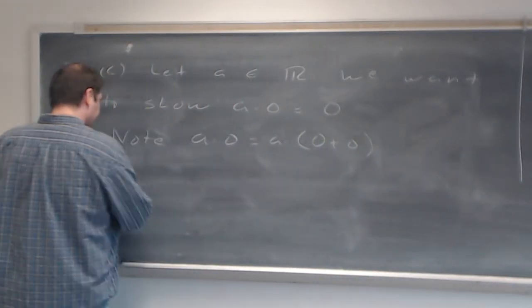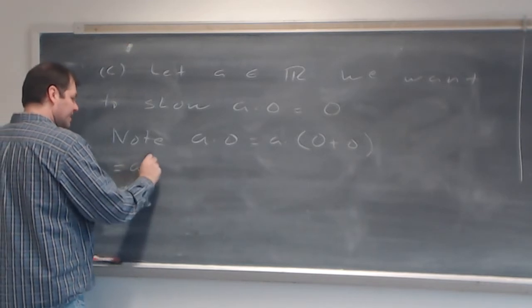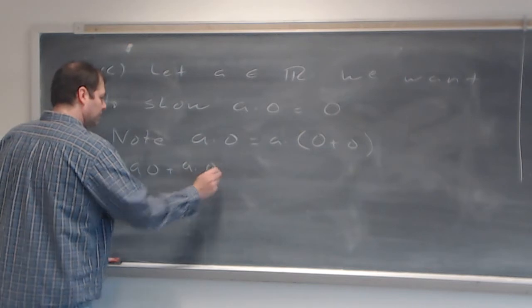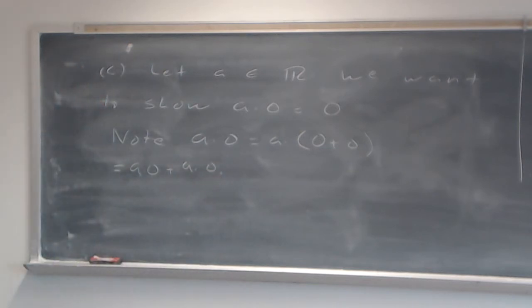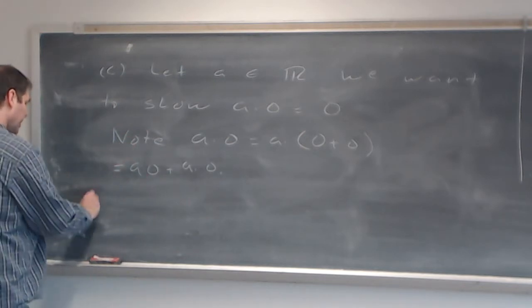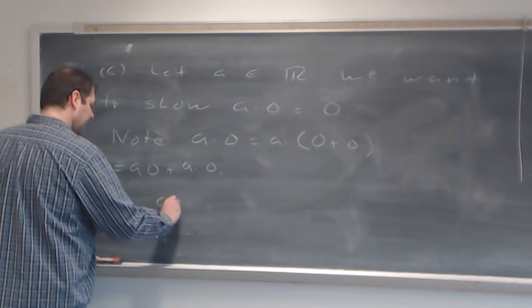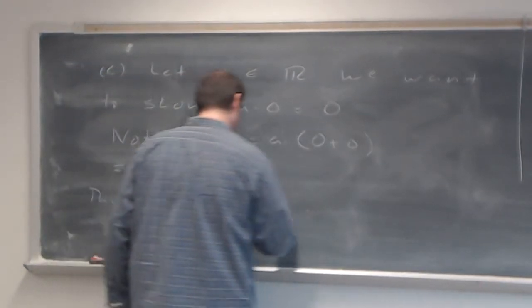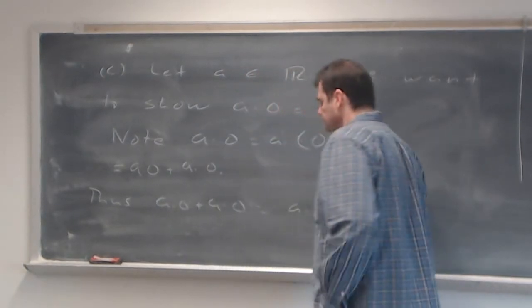Now I can use the distributive property, and that will be equal to A times 0 plus A times 0. So that's a string of equalities. The first thing I've written is equal to the last thing that I've written. Thus, I'll rewrite this in this form: A times 0, the last thing that I've written, plus A times 0, is equal to A times 0.